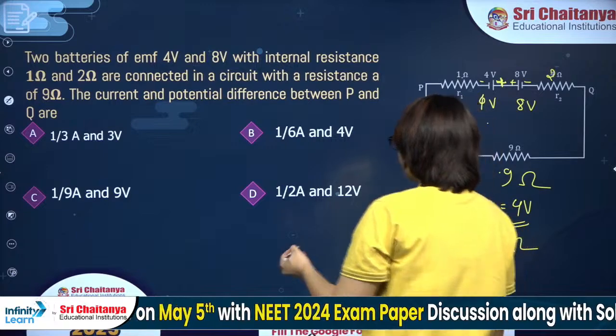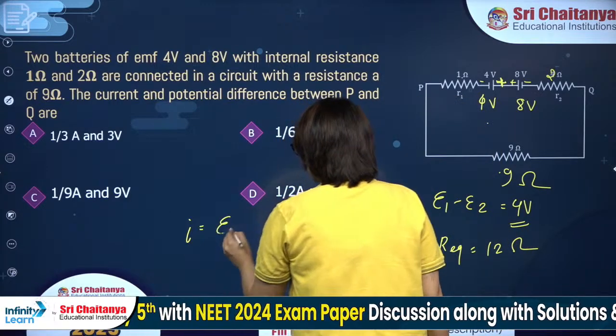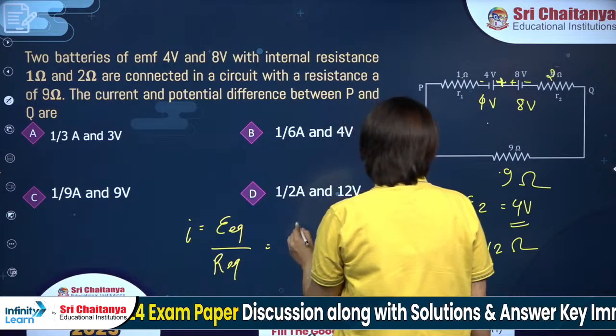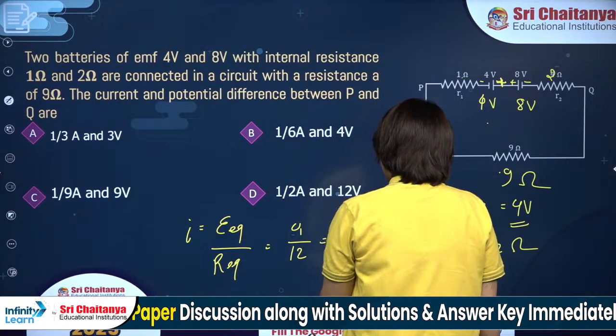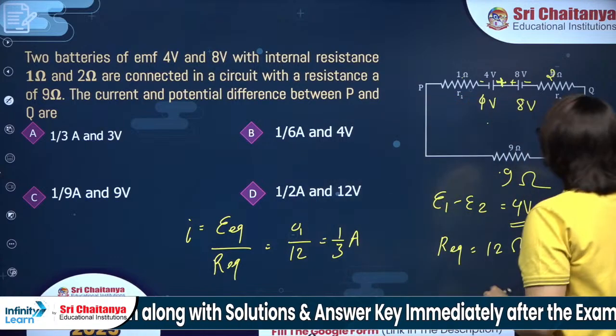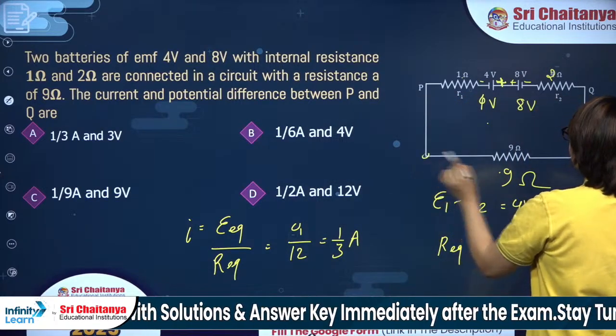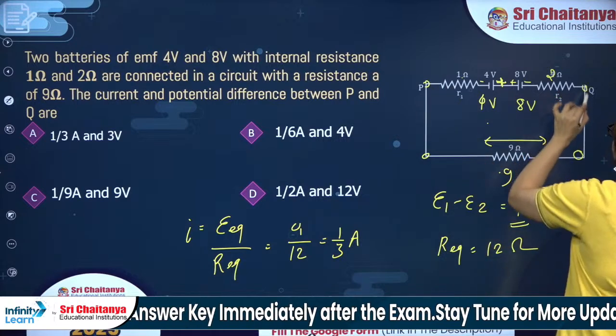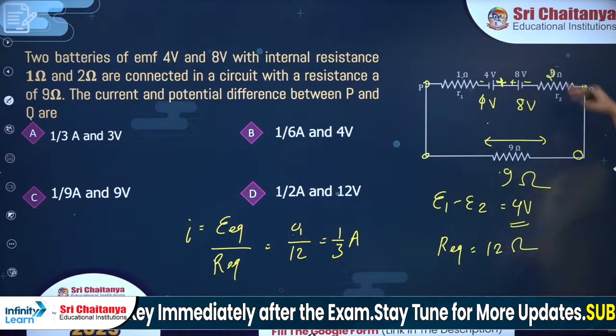So current in the circuit will be E equivalent divided by R equivalent, which is 4 divided by 12, 1 by 3 ampere. Now whatever potential drop is there across this resistance, same potential drop will appear across P and Q because both are parallel.